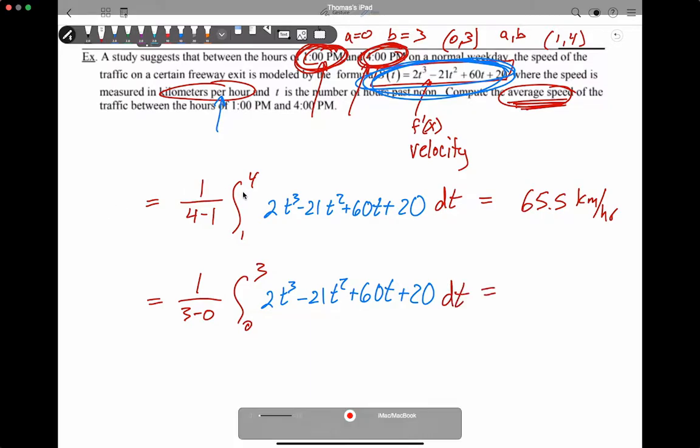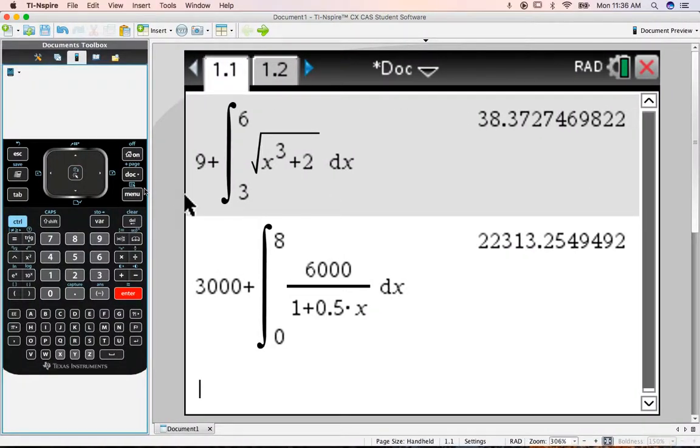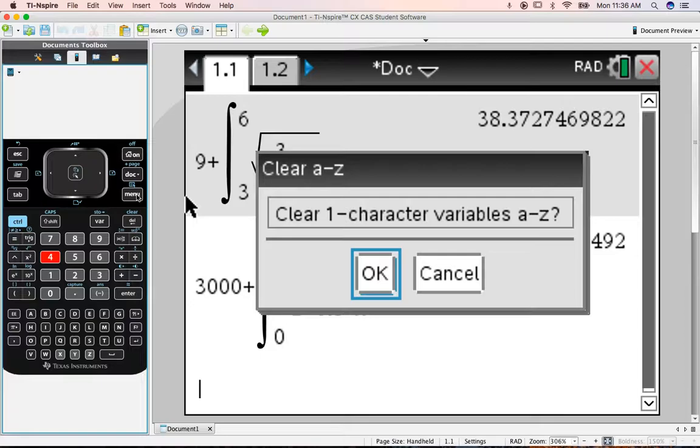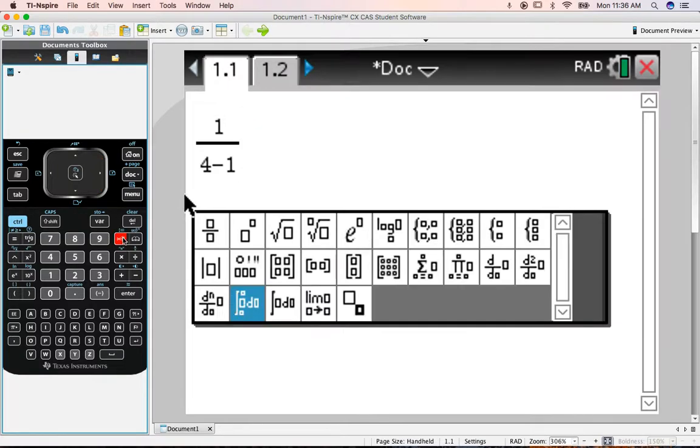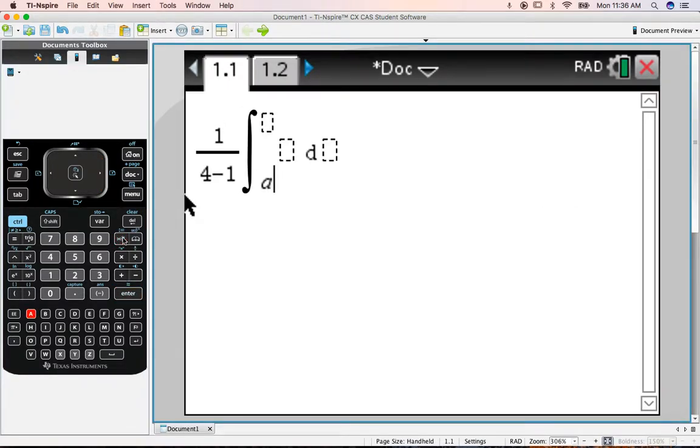First of all, let me plug in this one first just to see that this 65.5 is in fact correct. So menu 1 4 to clear storage, menu 1 5 to clear my screen. We have a nice pretty fraction going on of 1 over 4 minus 1, multiplied with the integral from 1 to 4 of s of t.